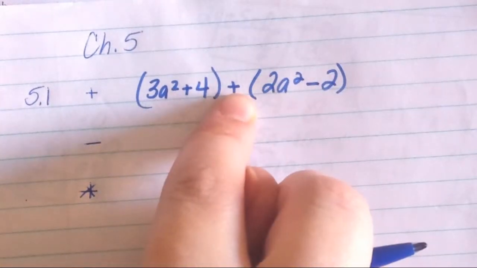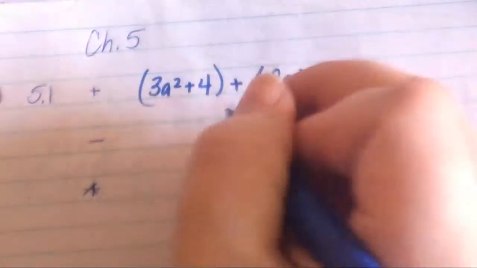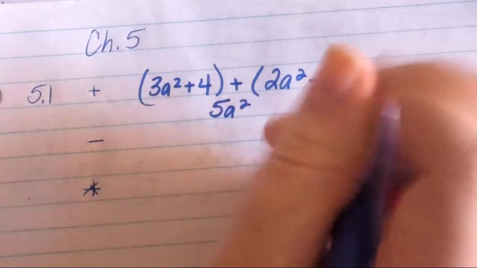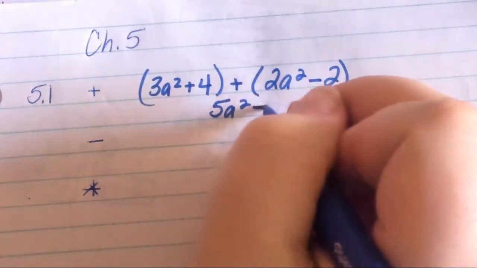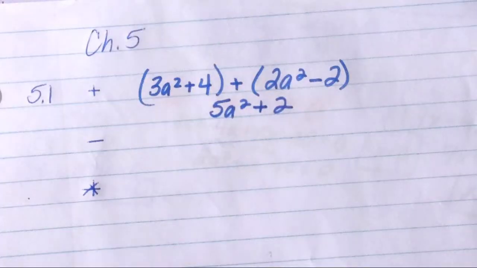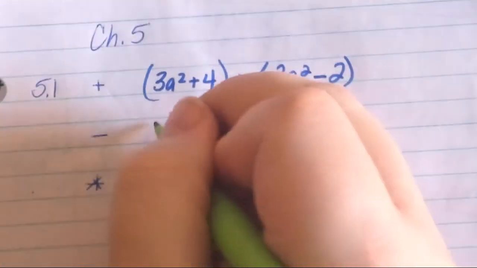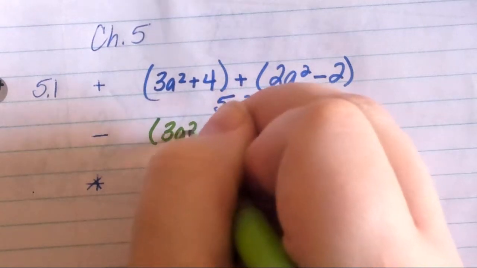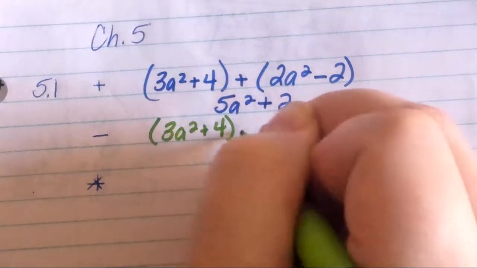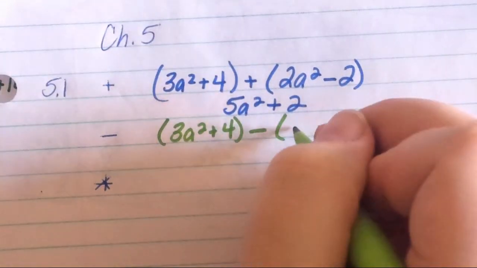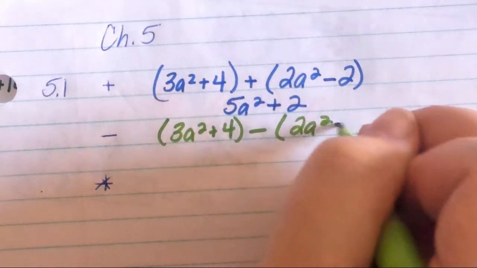There's a plus sign in the middle, so I'm supposed to add my like terms. So we said 3 plus 2 is 5, so it's 5a squared. 4 minus 2 is 2, so it's plus 2. Most people were great at that. Most people were also great at subtracting. Let's say we had the exact same 2 polynomials, but instead of an addition sign, there was a subtraction sign.